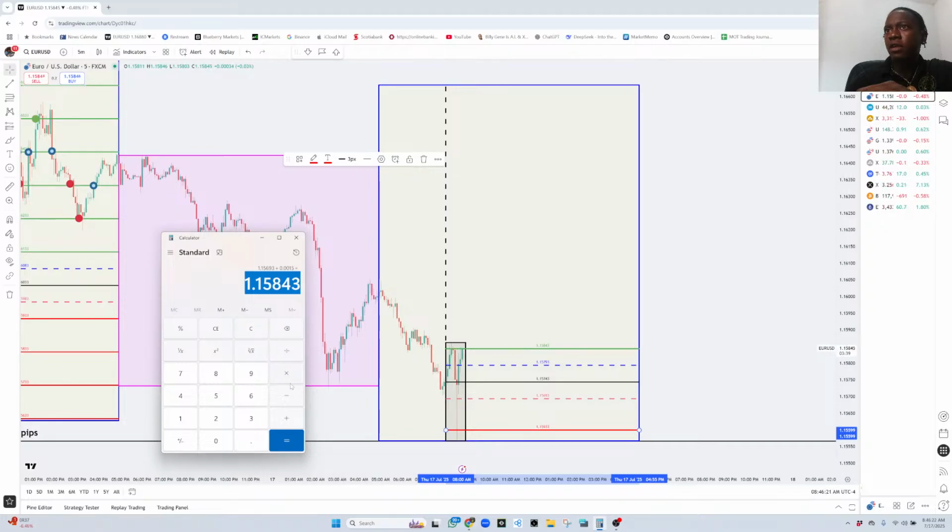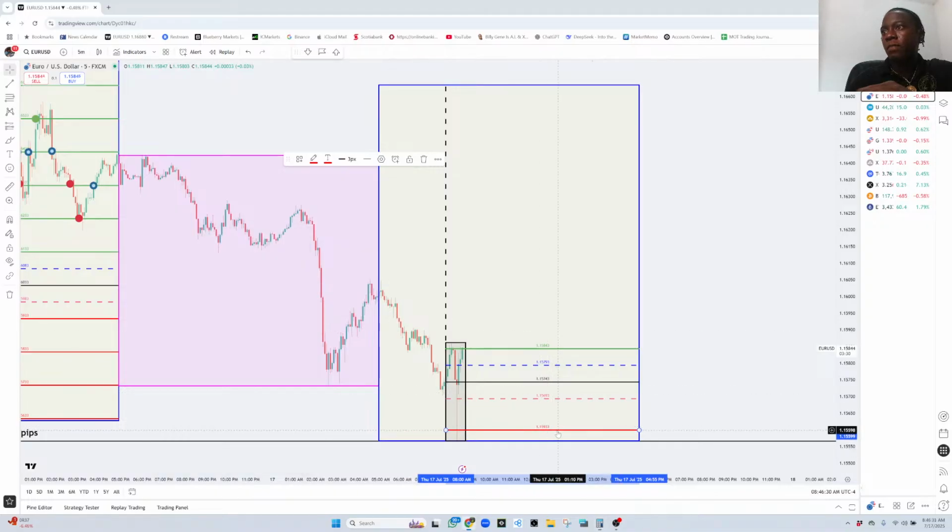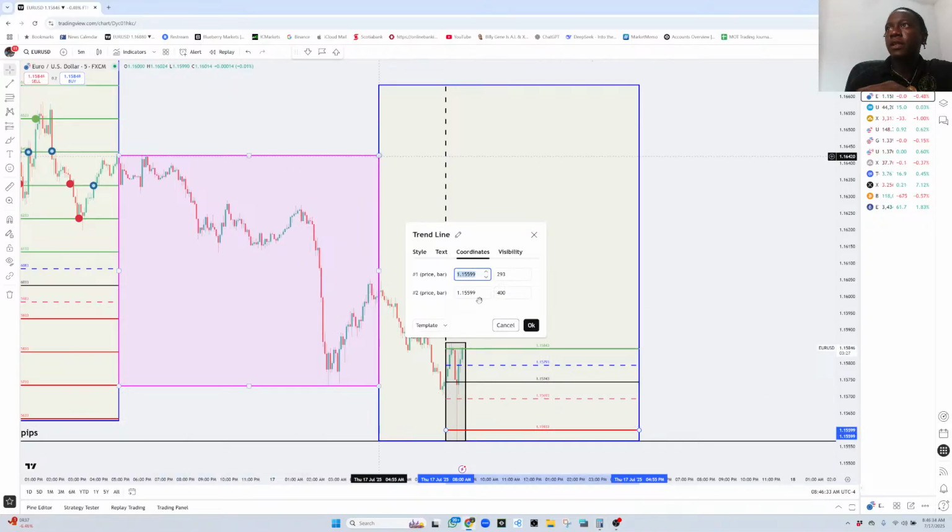And if I subtract 0.002, that'll tell me where my first bearish line should be.